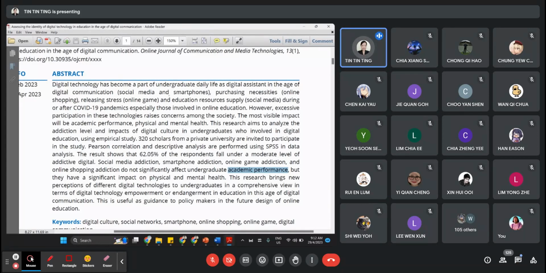A lot of people say if you play a lot of online games or are addicted to social media, it will affect academic performance. Here we had 320 scholars involved, and the results show that social media, smartphone, online game and online shopping addiction do not significantly affect your academic performance, but they will impact your physical and mental health.